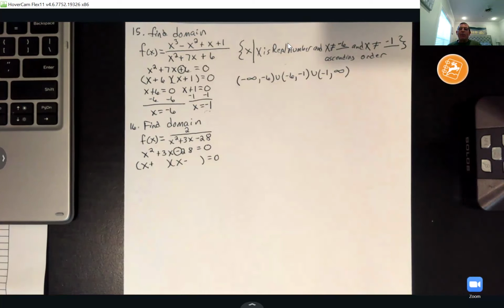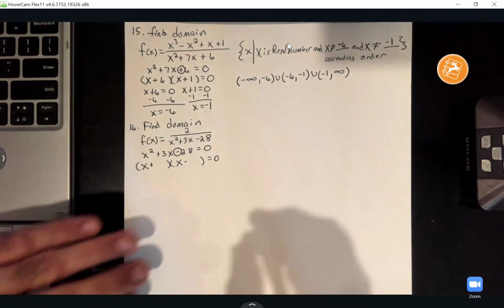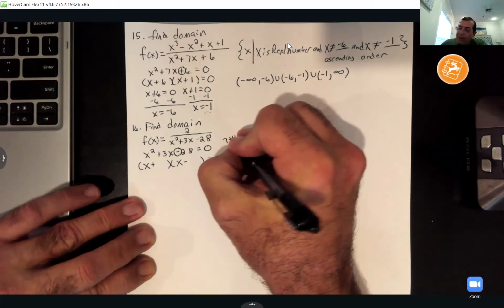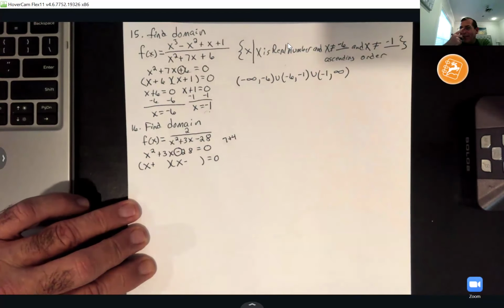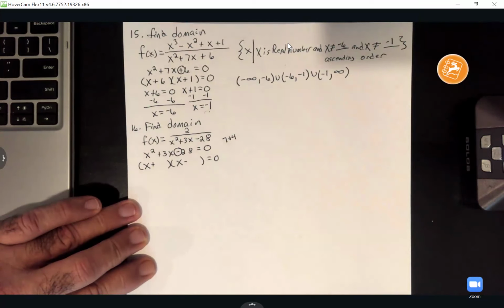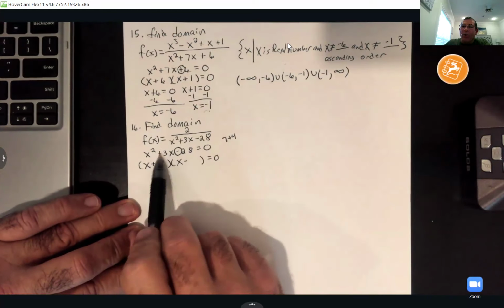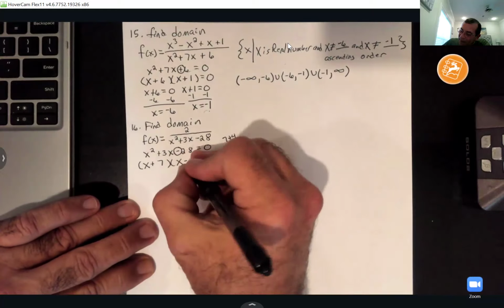So y'all multiply whatever can get a 28, but make sure they subtract and get me a 3. 7 and 4. There you go. So who would we make positive? The larger number. Okay, so 7 will be positive. Y'all remember, larger number always has the same sign as the middle.